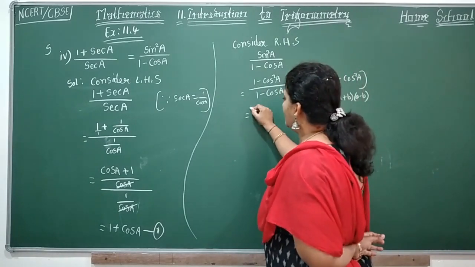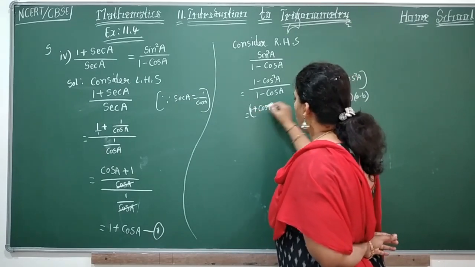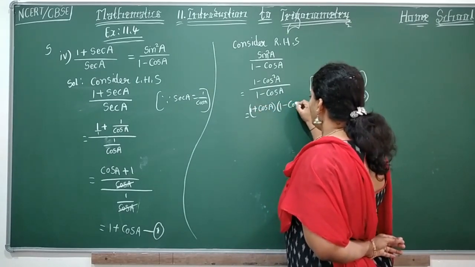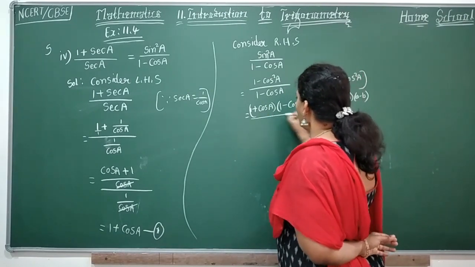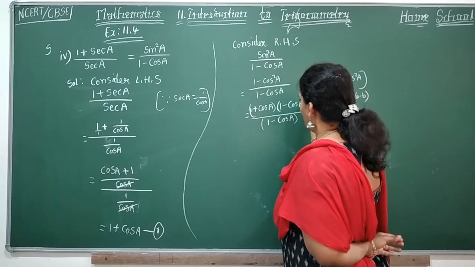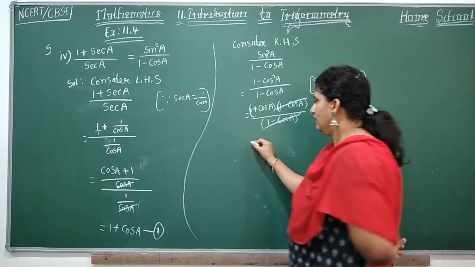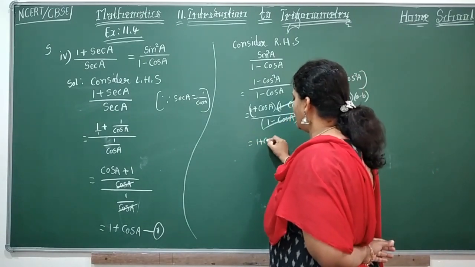So now I'll rewrite this as (1 plus cos A) into (1 minus cos A) whole divided by (1 minus cos A). The 1 minus cos A terms will be cancelled. What did you get here? 1 plus cos A.